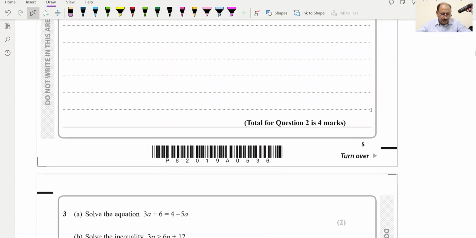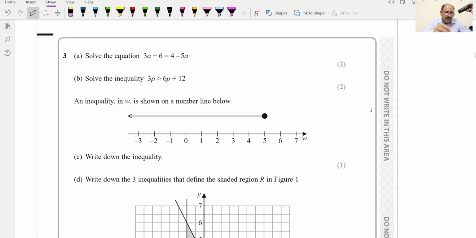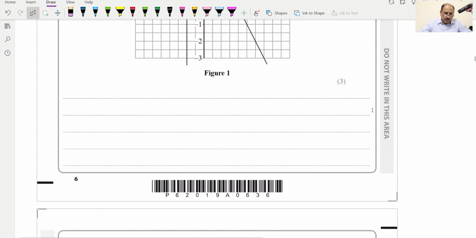Now we can move to the next question, and next question says solve the equation, this one. This is fairly simple. A part is 3a plus 6 is equal to 4 minus 5a, and we have to find the value of a.